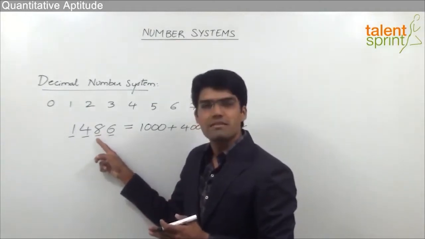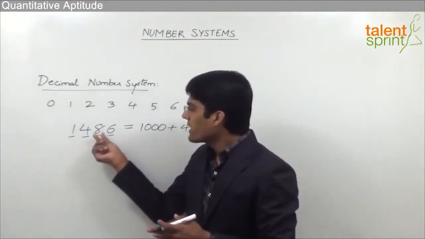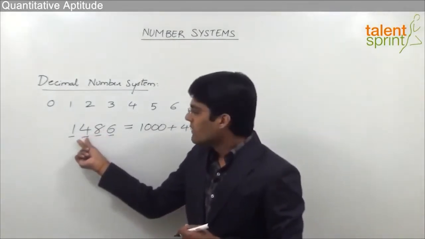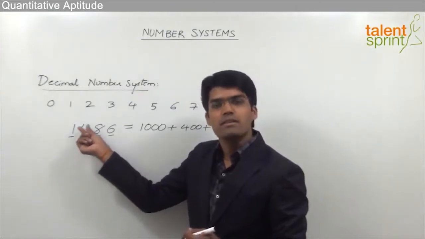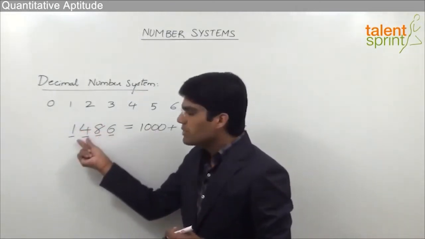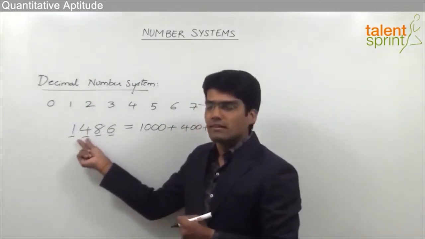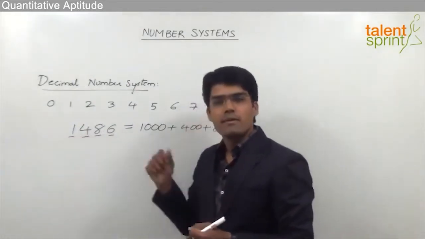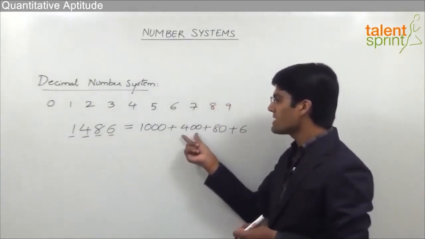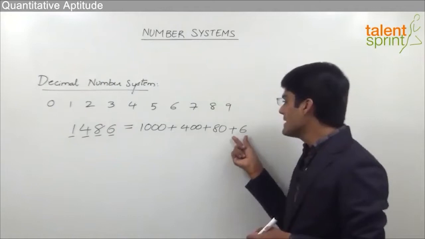The second position is referred to as tens place. That means whatever digit is present there has to be multiplied with 10. The third one here is hundreds place. So whatever digit is present in hundreds place has to be multiplied with 100. Why? Because its positional value is 100. And similarly, 1 is in thousands place. So the correct way of writing the number here would be 1000 plus 400 plus 80 plus 6.